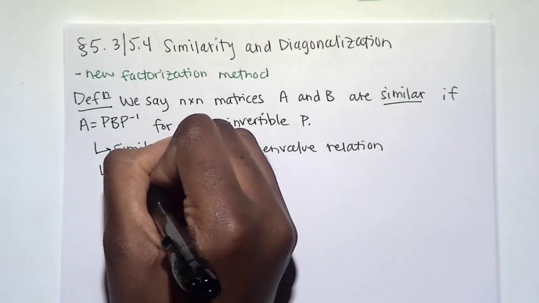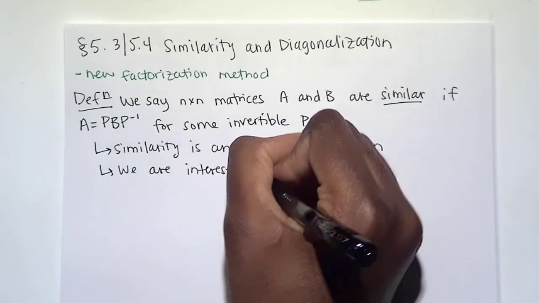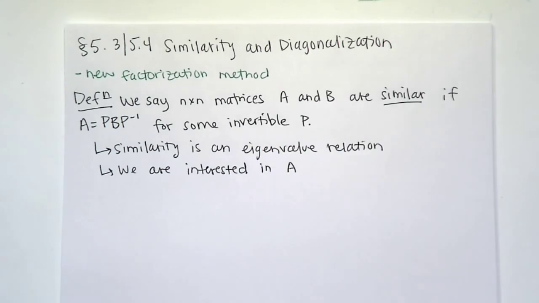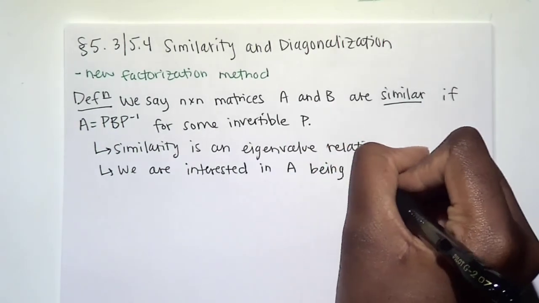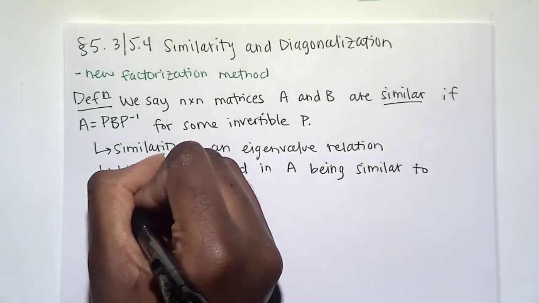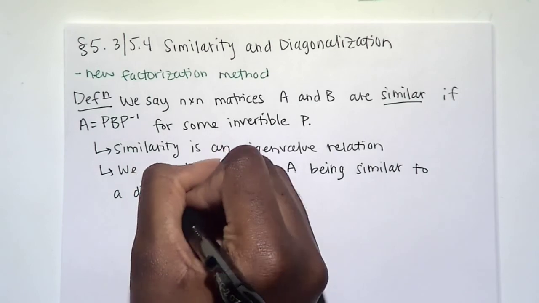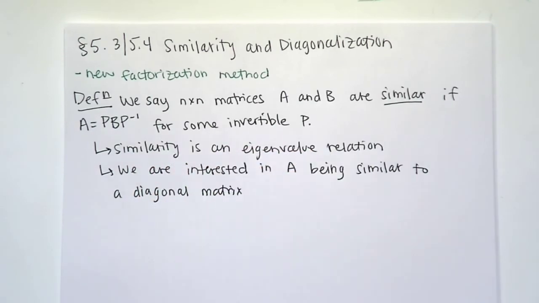So I'll write that down. We are interested in a matrix A being similar to a diagonal matrix. And you'll see how this is related to eigenvalues and eigenvectors in the next section.